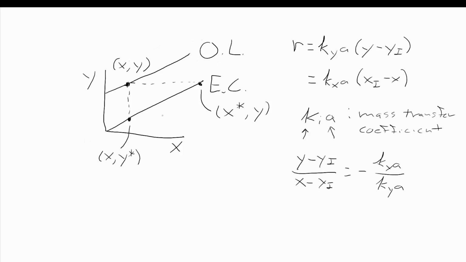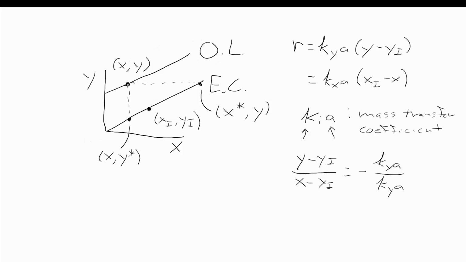In other words, we can locate the point at the interface, Xi, Yi, by drawing a line with slope negative Kxa over Kya from X, Y. This is just an equation of a line going between X, Y and Xi, Yi, and the slope of that line is going to be negative Kxa over Kya.